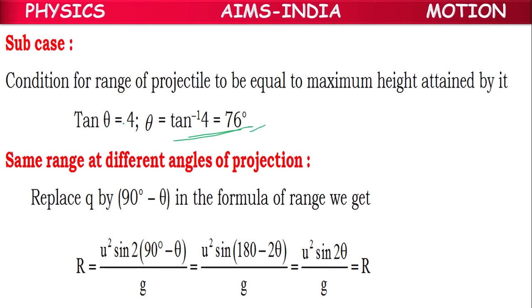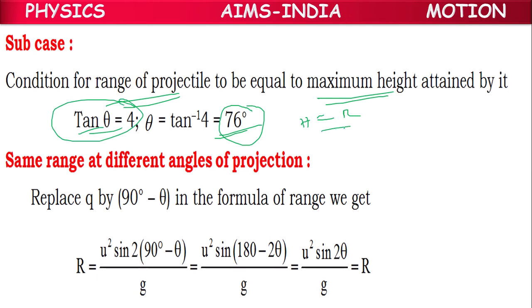At this moment you only have to remember this value, tan inverse 4 equals 76 degrees. So if we throw with an angle of 76 degrees, the range of the projectile and maximum height will be equal to one another, or h equals r. If tan theta equals 4, then h equals r.